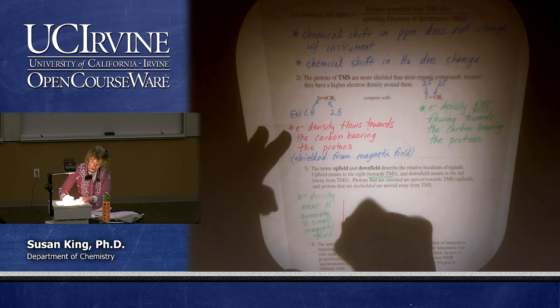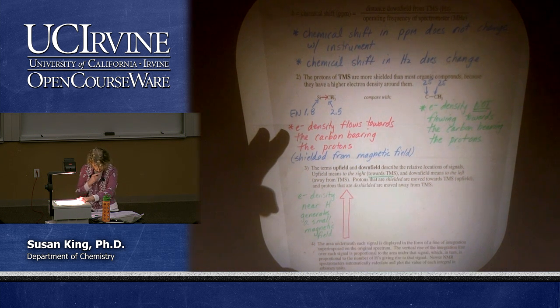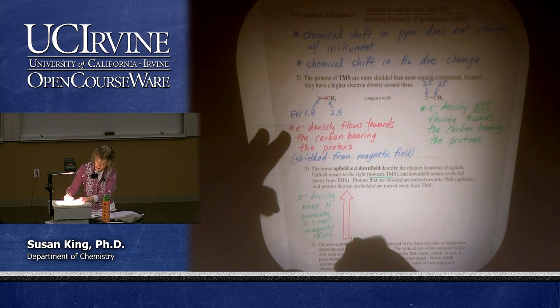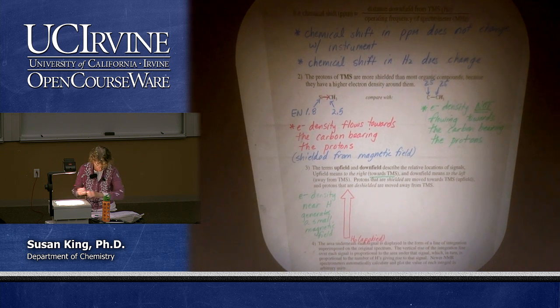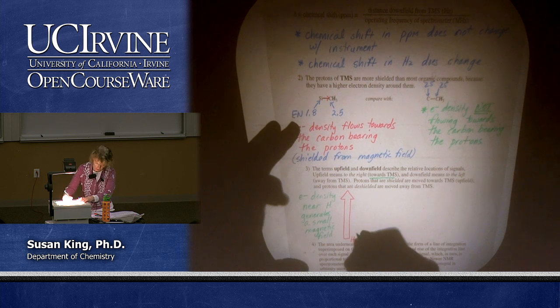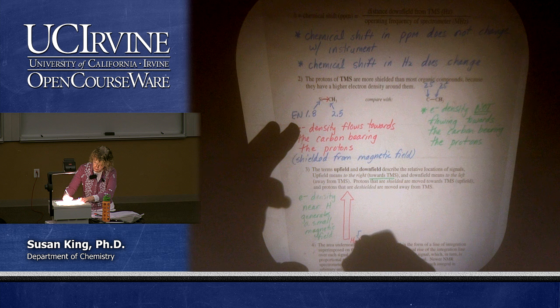So here's our giant in that first spectra of 500 megahertz, very powerful. This is H0, which is the applied magnetic field. And if we have electron density nearby, we can generate a small induced magnetic field, and that's going to happen anytime we have circulating electrons. So this is H induced.